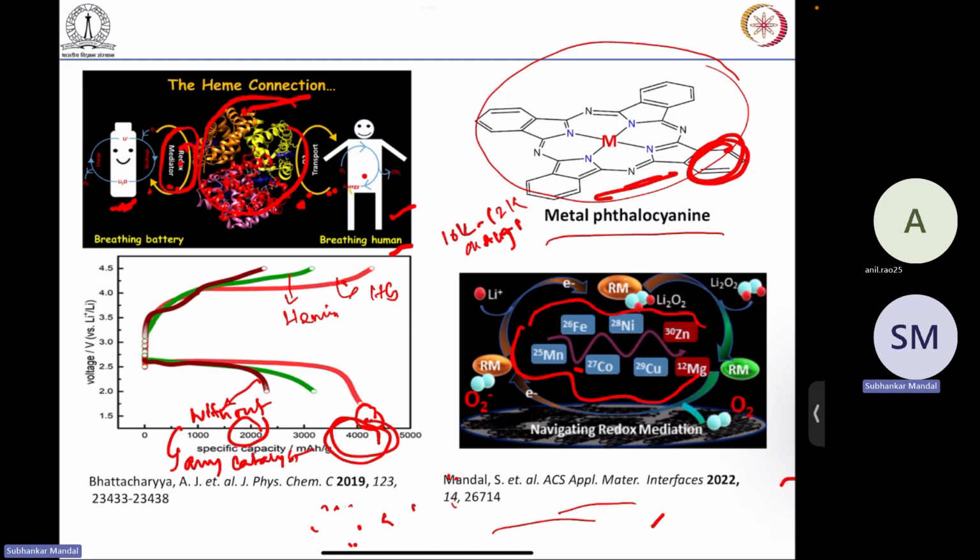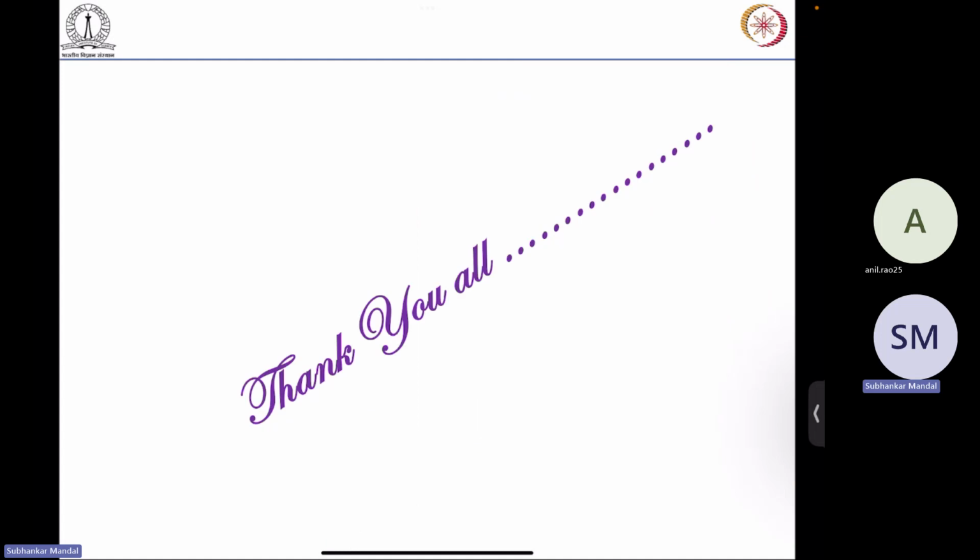If you are in 12 standard, it will not be so difficult either. In future people will keep doing this, and now also people are more interested in high energy storage batteries. So that's all. Thank you all.